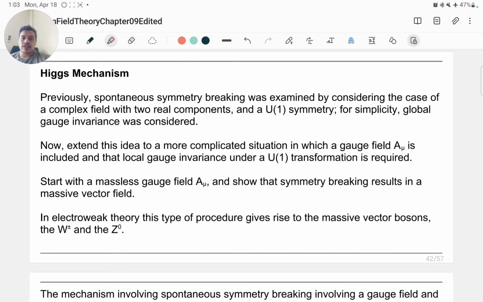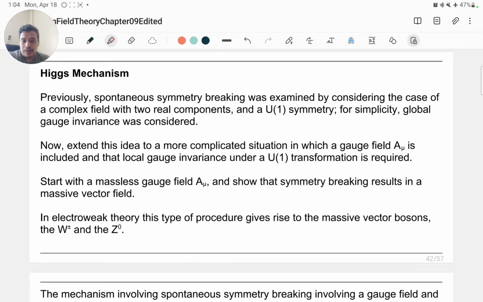So previously, spontaneous symmetry breaking was examined by considering the case of a complex field with two real components and a U1 symmetry, and a global symmetry was considered. And now we extend this to a situation where a gauge field is included and a local gauge invariance under the U1 transformation is required.